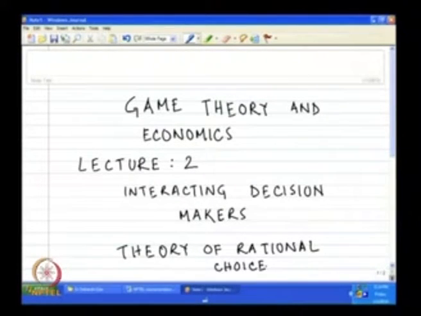It basically says that any player, or what in economics we call an economic agent, at any point of time has a number of actions to take. He or she takes that action which is best suited for him, which maximizes his benefits. When you say that it maximizes his benefits, one must also have an idea about the preference pattern of that player.